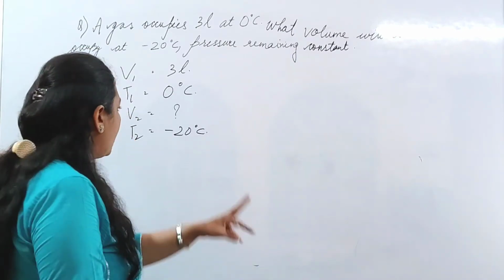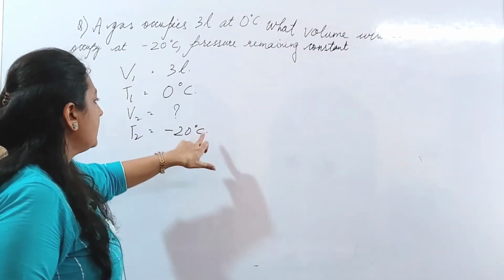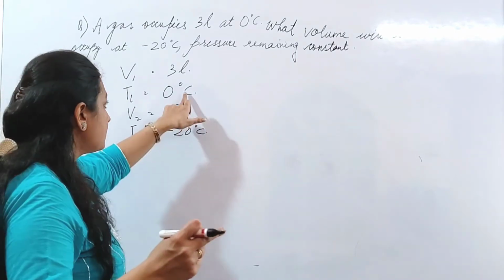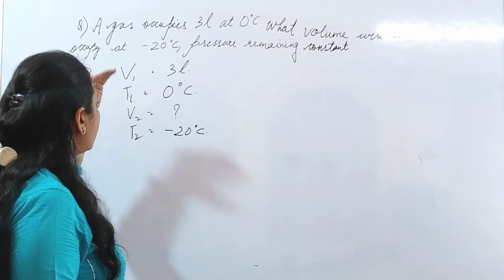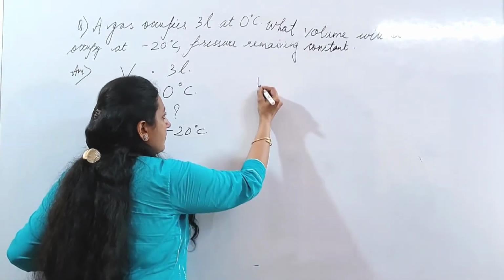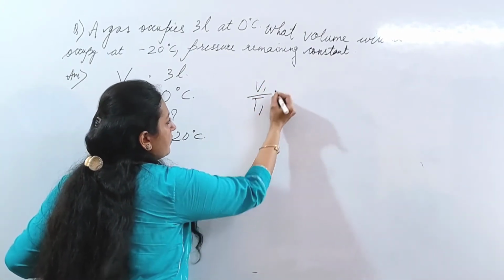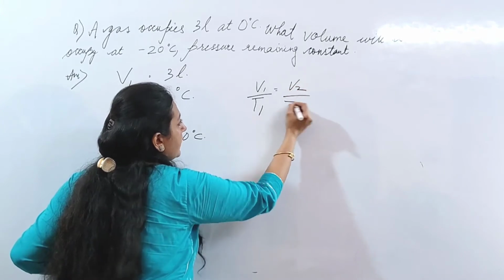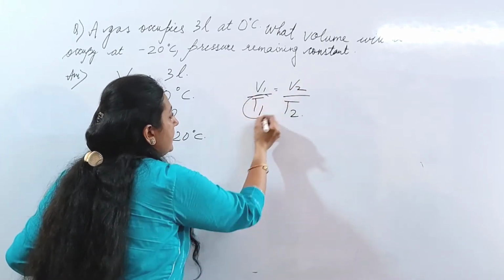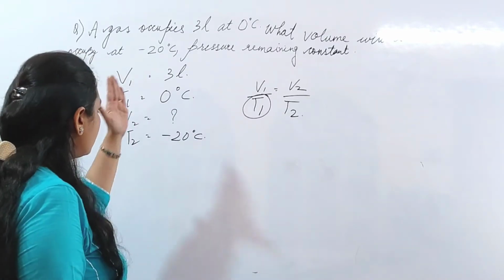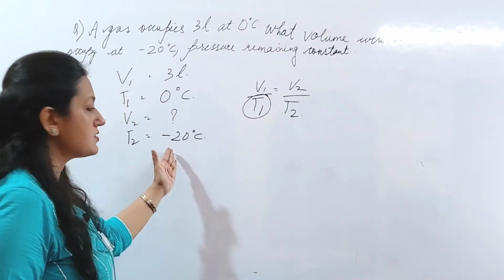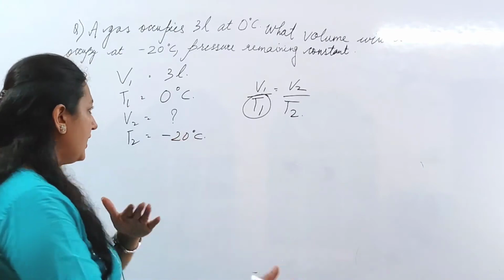Now here units दोनों same है, degree centigrade, but you cannot continue with this unit because Charles's law is V1 by T1 is equal to V2 by T2. Here T is the temperature in the Kelvin scale. So you have to convert these units from degree centigrade into Kelvin scale.